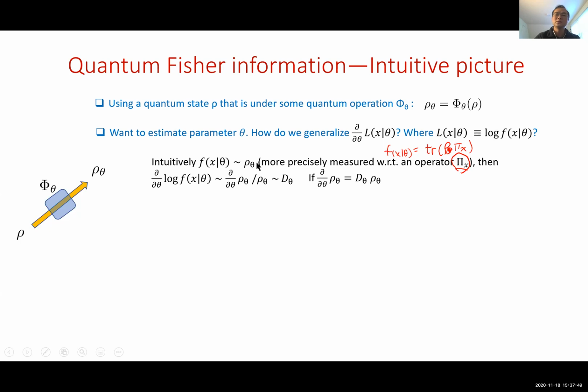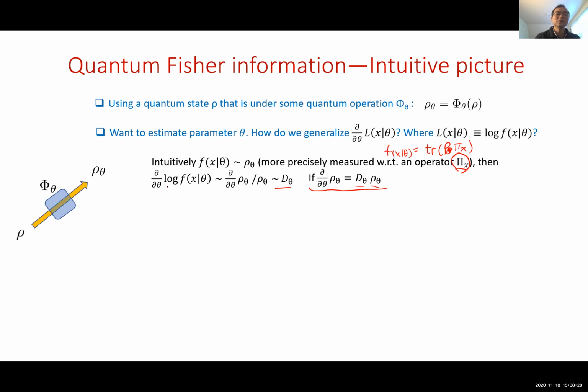But if I ignore this precise definition, I would roughly say that my distribution is described by this density matrix. And then the derivative of the log is like the derivative of rho divided by rho. Suppose that this derivative gives rise to d times rho, then I write this as d theta.